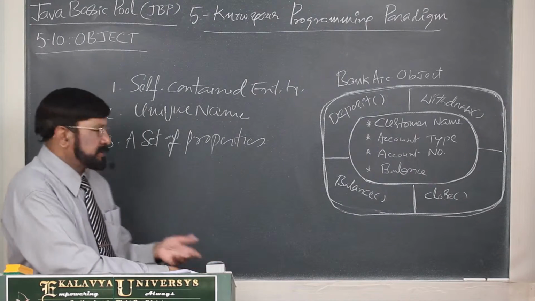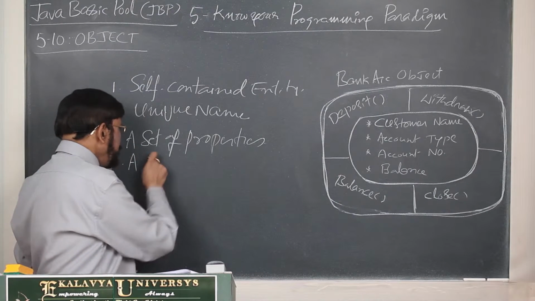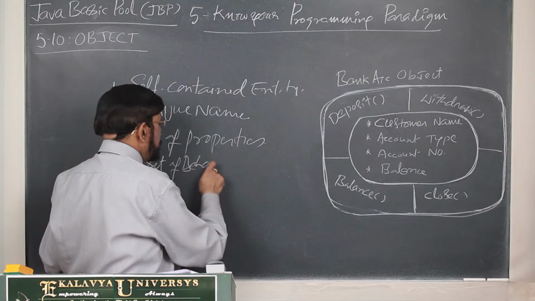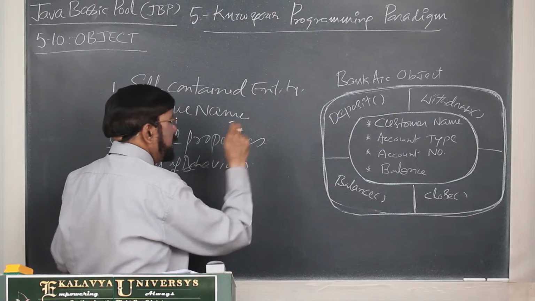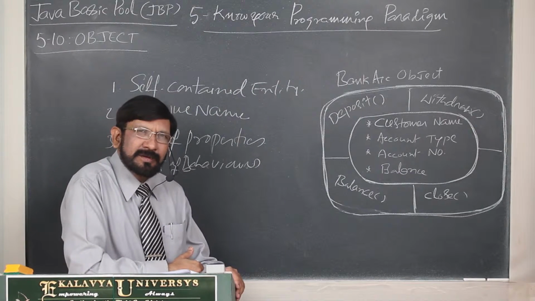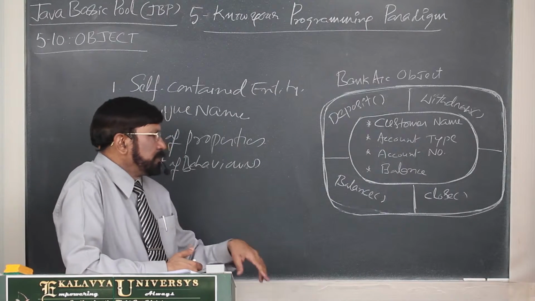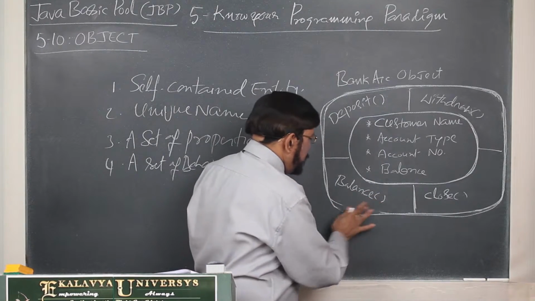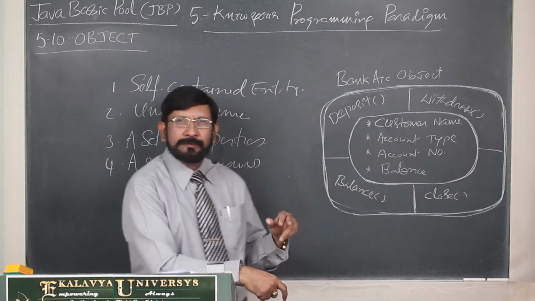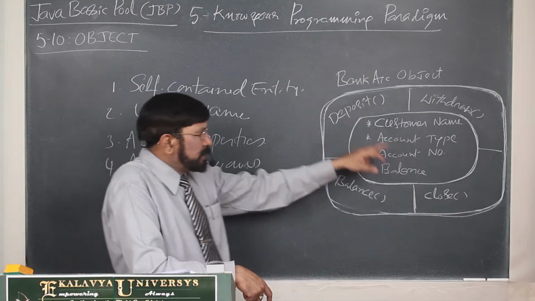Okay, or otherwise state. Next, they contain a set of behaviors. Behavior is nothing but a function. So every object contains a set of behaviors which act upon the state, which act upon the properties.